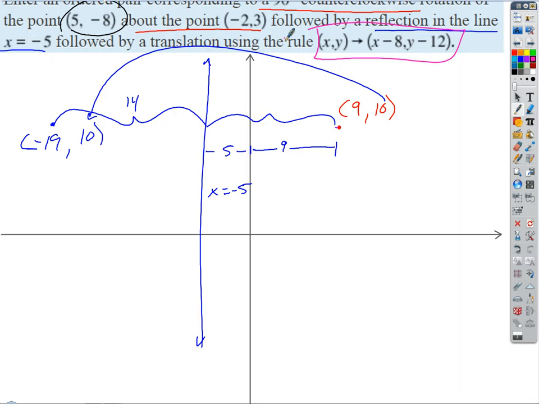So Bailey, where do we end up? If I'm going to start here for my last step and apply that rule, what's my new x value going to be? Okay. So the rule is telling me whatever my x value is, I'm going to subtract 8. What am I going to get? So what's negative 19 minus 8 more?